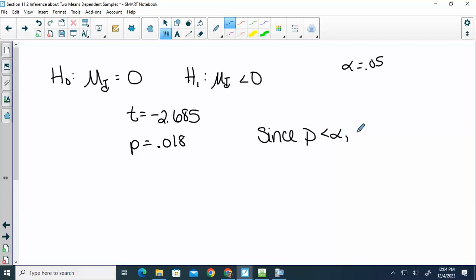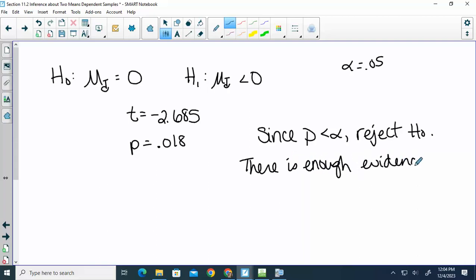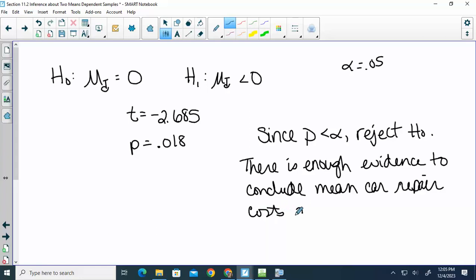P is less than alpha, which means there is enough evidence to conclude the mean car repair costs are higher. Is that okay with everyone?